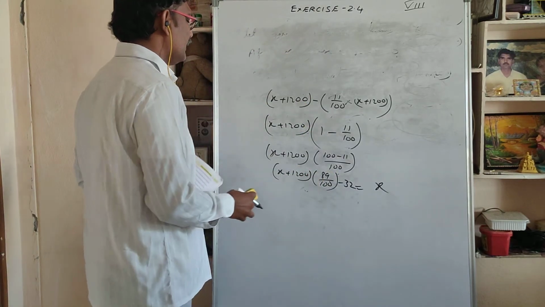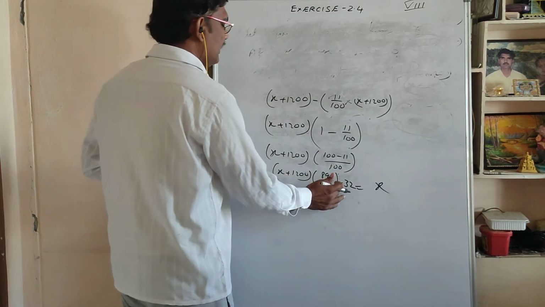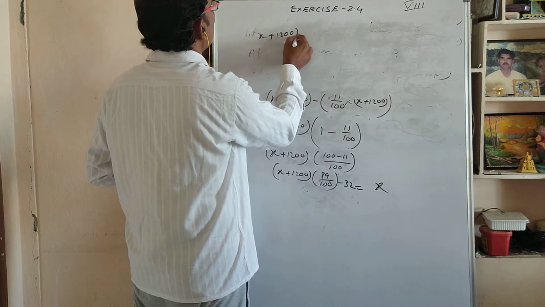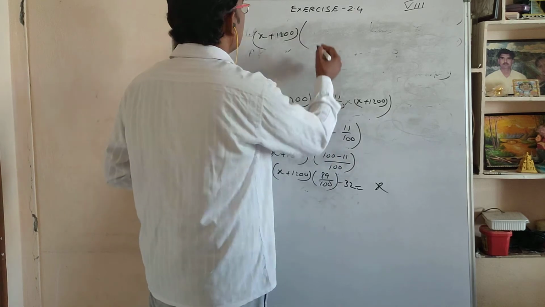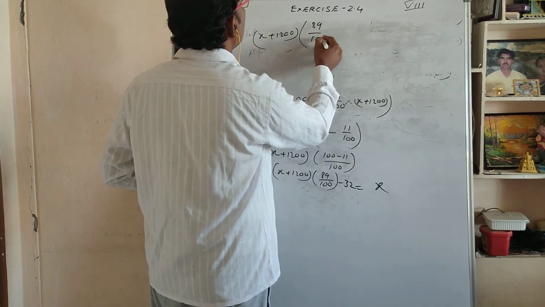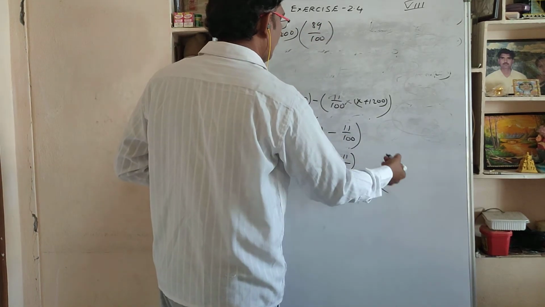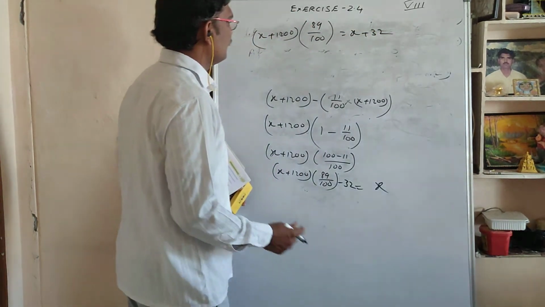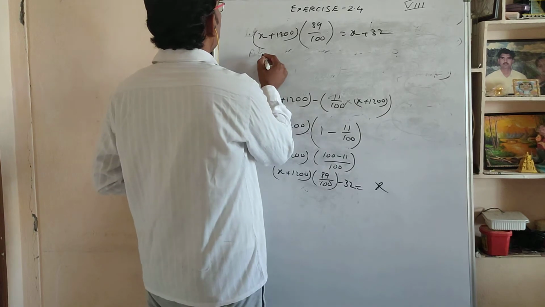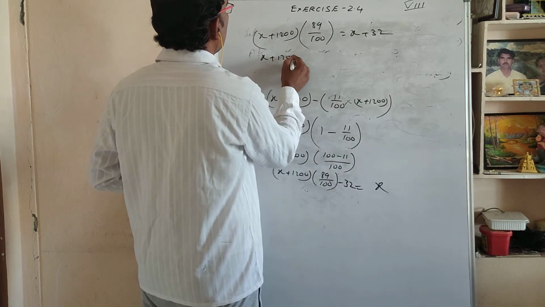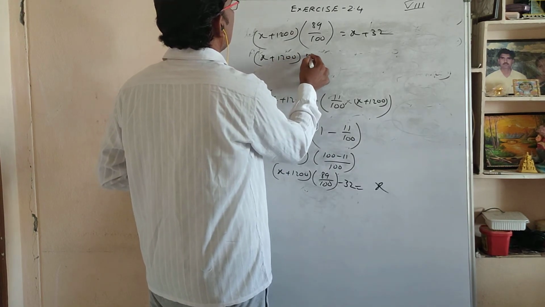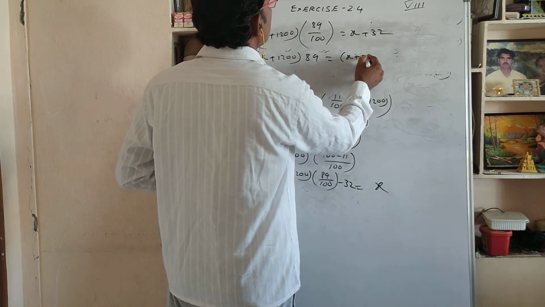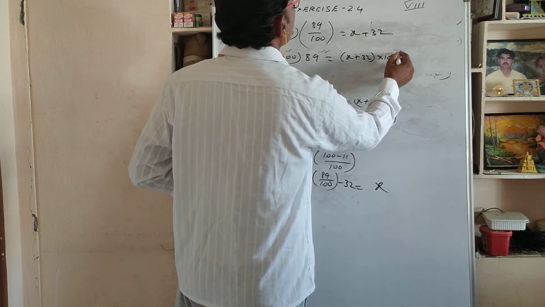See, solving: just take minus 32 to this side. x plus 1200 is there like this only, and here it is 89 by 100. This minus 32 I took to this side: x plus 32. Now x plus 1200 I am keeping here only, into 89, is equal to, this 100 I take to this side, x plus 32 into 100.